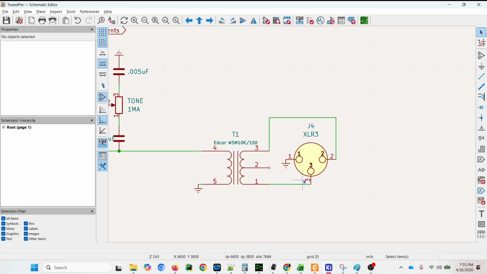In an XLR jack or a balanced connection, those signals get summed together and the noise gets canceled out. That's how XLRs are able to have long signal runs without imparting noise into your signal. So this transformer, since it has a center tap on the other end, allows you to feed the XLR jack. It needs that phase shifted copy of the signal in order to combat the noise that you would get over a long signal run.